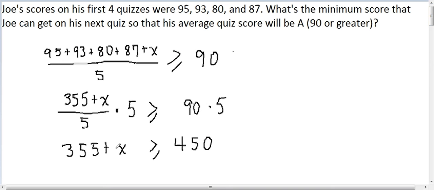To get x by itself, we'll subtract both sides by 355. On the left-hand side, 355 minus 355 is 0, and x plus 0 is x.